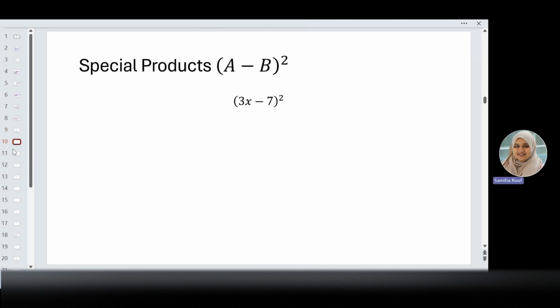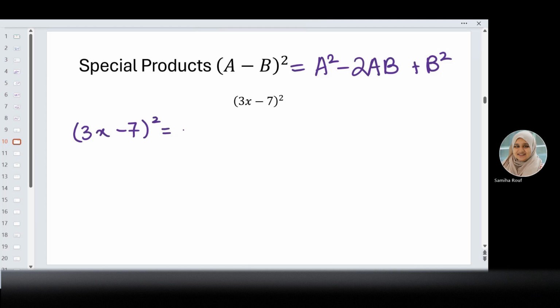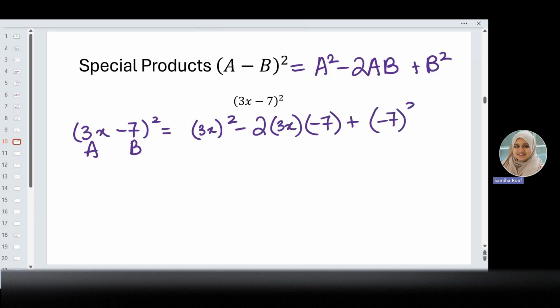Okay, what happens with negatives? Again, same idea, just have to be a little careful because you have a negative sign. Now, with the special product, this is going to be A squared minus 2 times AB plus B squared. So I'm going to go about this using the formula. Again, the A is the 3x, and B is, in this case, negative 7. So we'll have 3x squared minus 2 times 3x times negative 7 plus negative 7 squared.